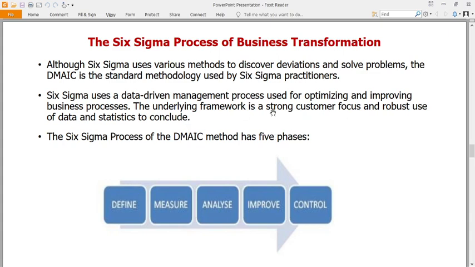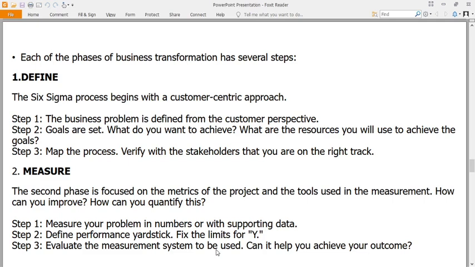So it is a data-driven management process used to optimize and improve business processes. So here, like I mentioned, we define, we measure, analyze, improve, and control. So what is involved at the defining step?